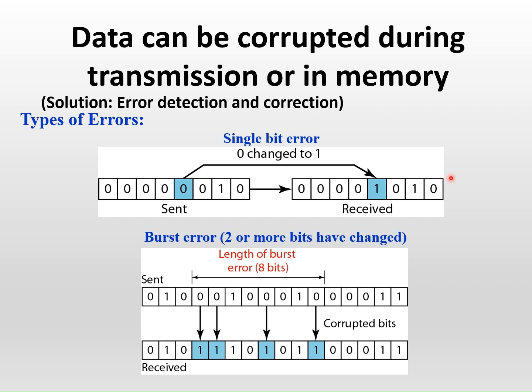In this example, it is shown that 4 bits have changed, but their span is 8 bits, which is called the burst length. So single bit error is more probable than the burst error.